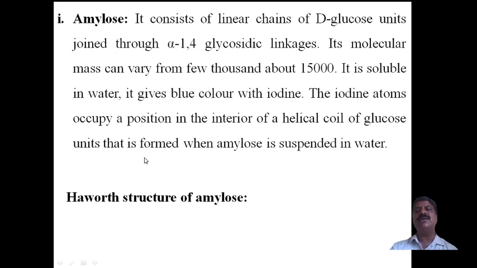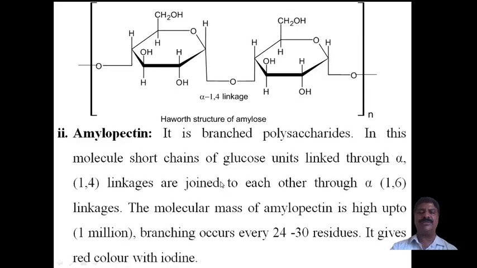Now coming to the structure of amylose. As I already told, it contains alpha D-glucose units, because it is an alpha 1,4 linkage.